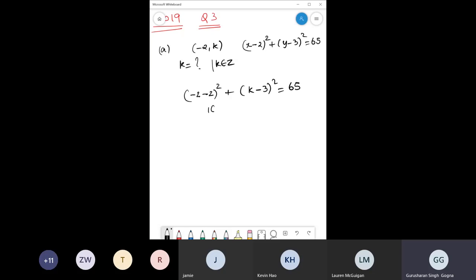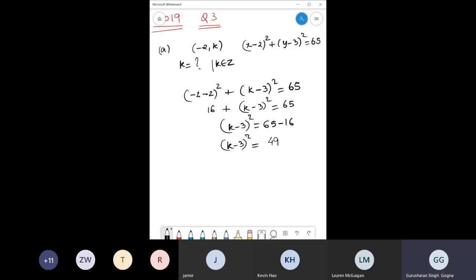Minus 4 whole square is 16, so plus 16. K minus 3 whole square equals 65. So k minus 3 whole square equals 65 minus 16, which gives you 49, isn't it?